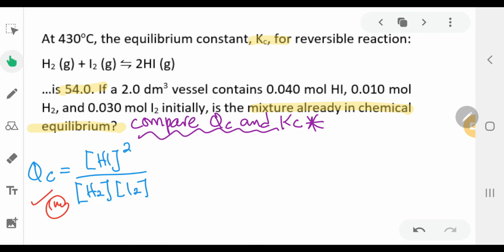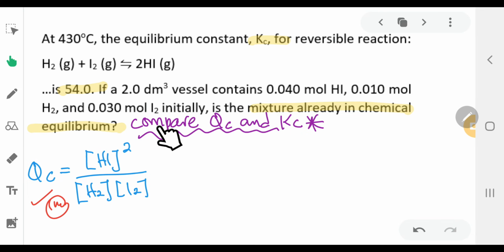But when you read the question now, it gives you values in terms of moles. You have 0.040 mole of HI, 0.010 mole of H2, and 0.030 mole of I2. Therefore, we cannot take these values directly and plug them into your Qc expression.